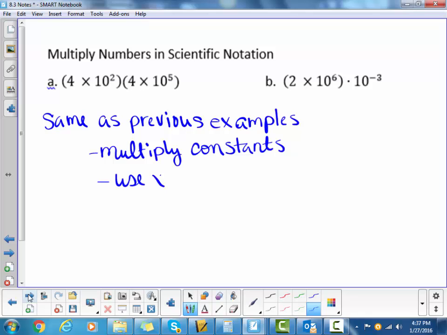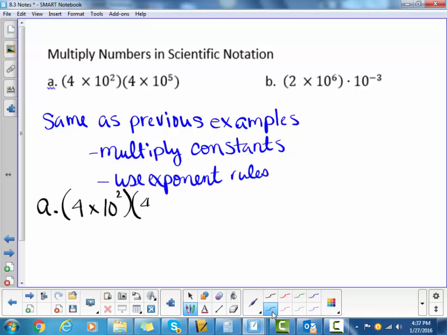If we look at example A, I have 4 times 10 squared multiplied by 4 times 10 to the 5th. So 4 times 4 is 16. And then I'm going to use the base rule for exponents. My bases are the same, so I'm going to rewrite that multiplied by 10 to the 2 plus 5.